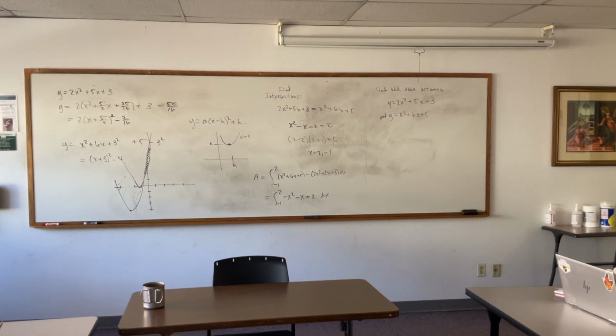Type x equals natural log of 2. And then type x equals natural log of 4. There you go, it's right there. Okay, makes sense. So if we aren't given the bounds, do we assume it's the enclosed red? Yes. If they don't give you an x range, you've got to do the extra mile.